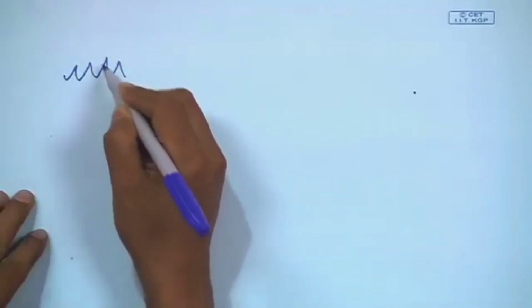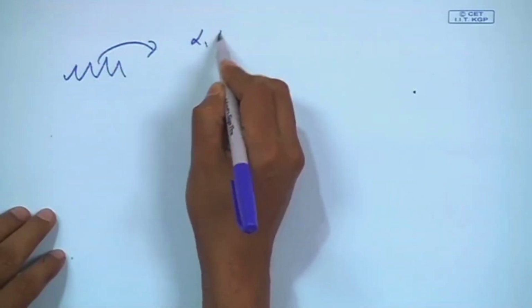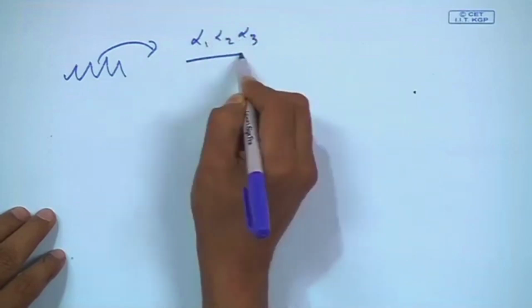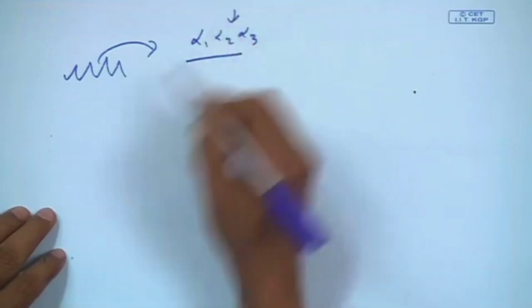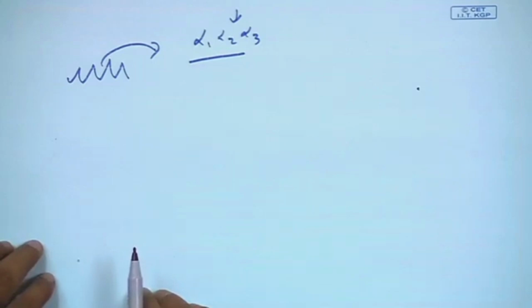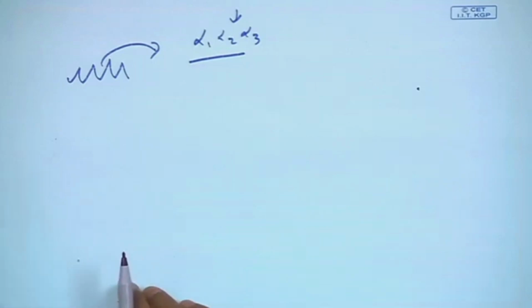Now, there is another question: how does LPC analysis work? If I have a speech signal, I extract that filter. LPC analysis gives me the alpha 1, alpha 2, alpha 3 values. Those actually characterize the vocal tract.